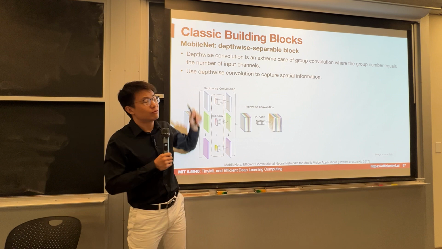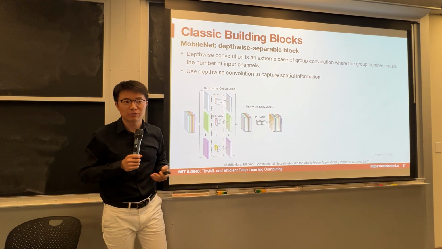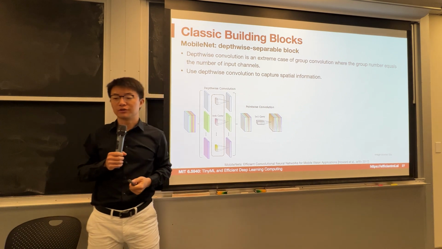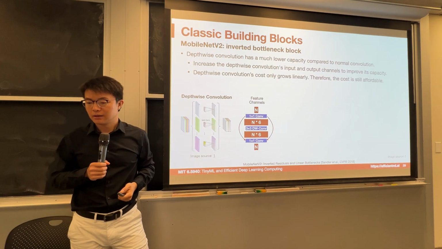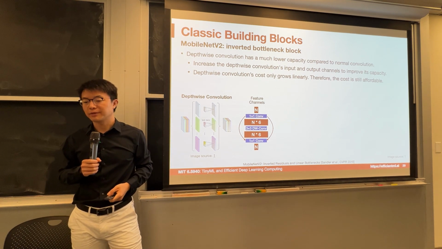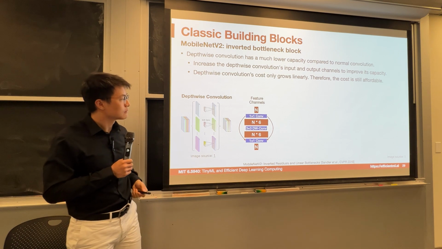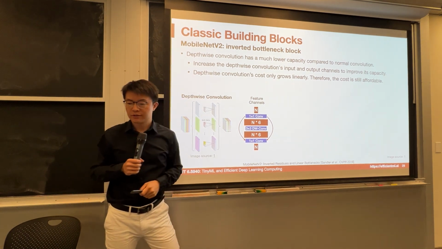This depth-wise convolution is also an extreme case of group convolution, where the number of groups is equal to the number of input channels. So let's calculate the number of MACs and also the number of parameters in this case. Suppose we have n input channels.